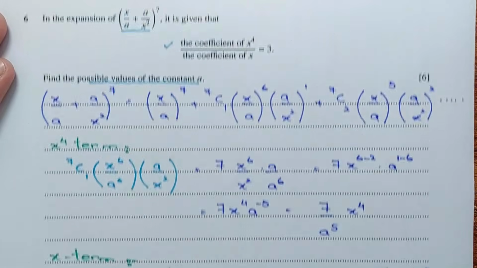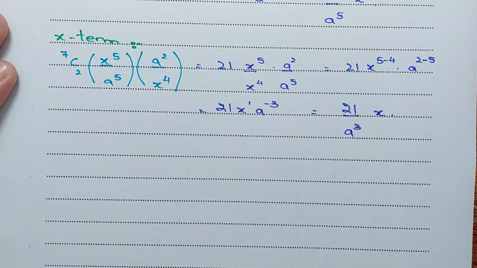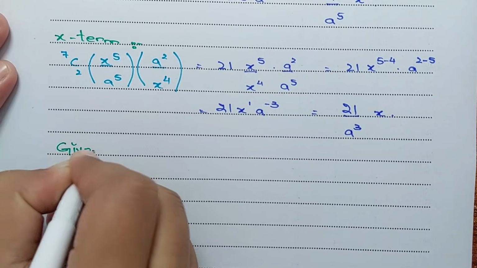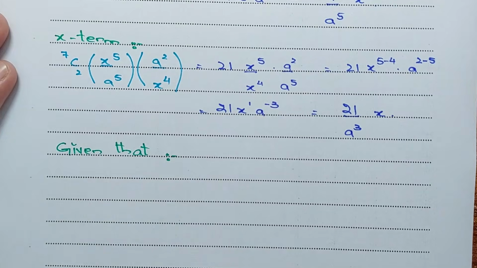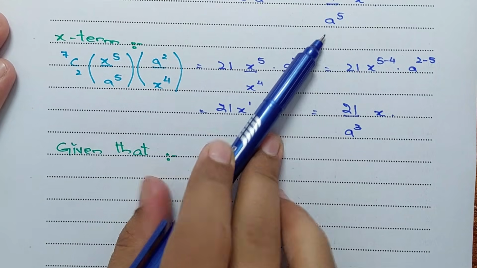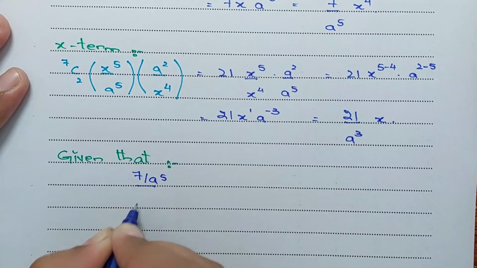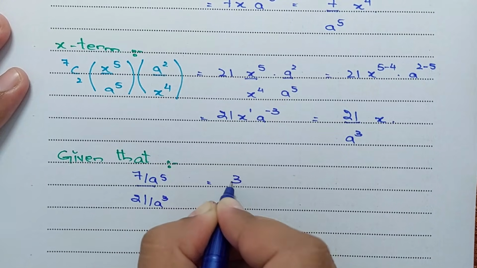Okay, now we have been given this information, so plug everything in. Here we are given that the coefficient of x^4, which is 7 over a^5, divided by the coefficient of x equals 3.